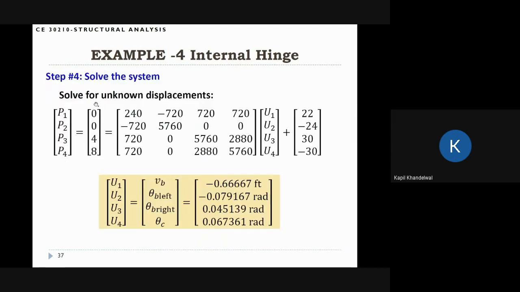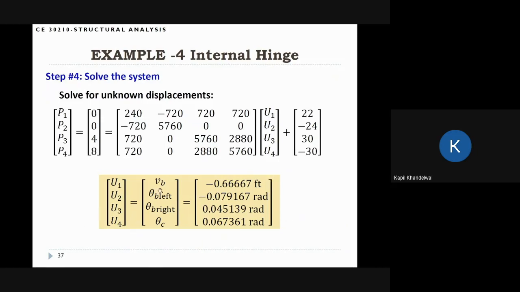So this is PF, and this is KFF times UF plus POF. And in this case, all the Us are 0, so we don't have to worry about the KFS US portion. And we can just do the inversion of this 4x4 matrix, and if we solve the system, this is the answer.